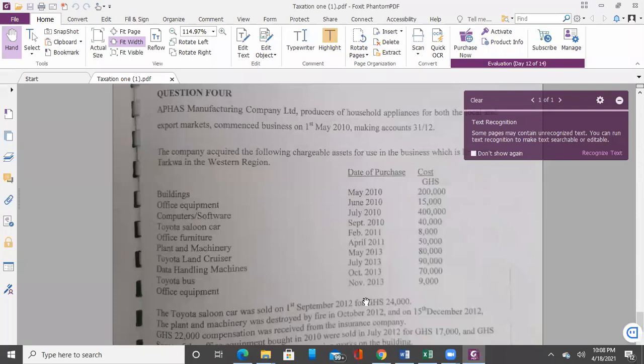The company acquired the following chargeable assets for use in the business, which is located at Takwa in the Western region. Now, for your information, you need to go and find out the differences between what a chargeable asset is and what a depreciable asset is.